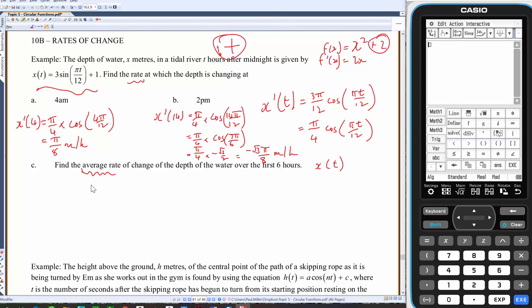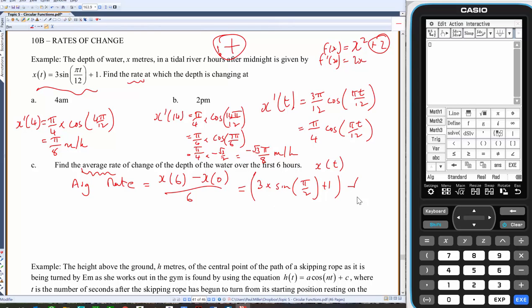Okay, so what we're going to do is to find the average rate, we're going to say that is equal to x of 6, take away x of 0, all over 6. Now, x of 6 is going to be 3 times sine of pi on 2 plus 1.